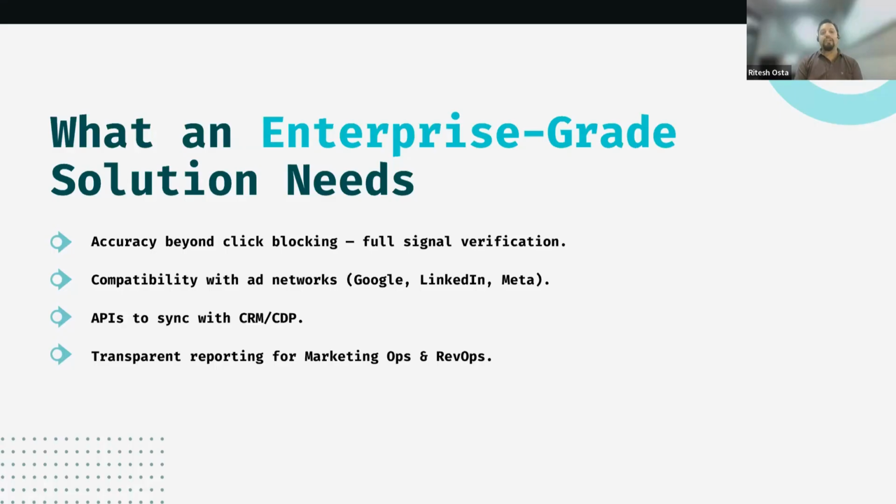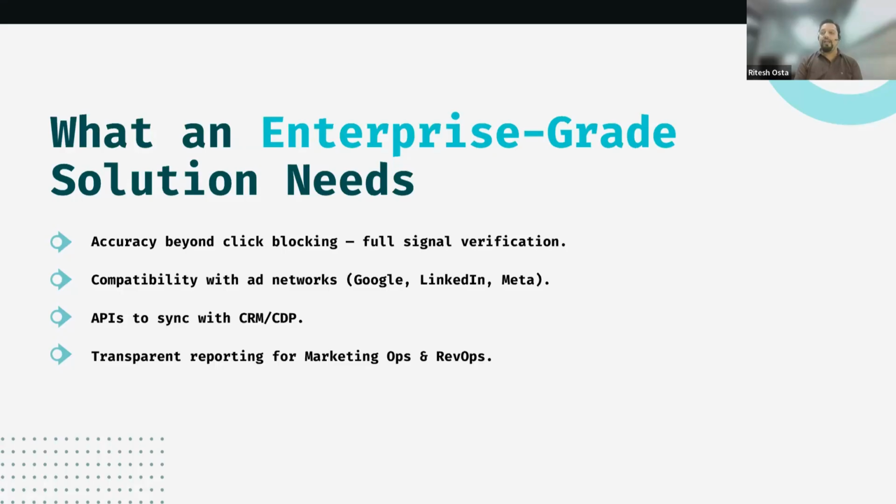There needs to be compatibility with ad networks. So you have to create systems which are compatible with ad networks and the analytics systems, the product analytics and the web analytics systems, that can work with the ad networks. APIs to sync with CRM and CDP, and transparent reporting for marketing ops and RevOps, right?